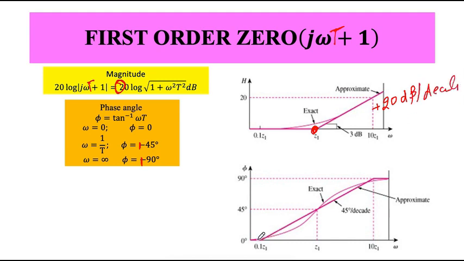And angles are also like the inverse of the polar phasor diagram. It's 0, then positive 45, then positive 90. The way you can compute for low frequency will still work the same way for higher frequency. The approximation would still be the same. For low frequency, I can just get rid of the term. For higher, I can get rid of this one. So the things will be the same.